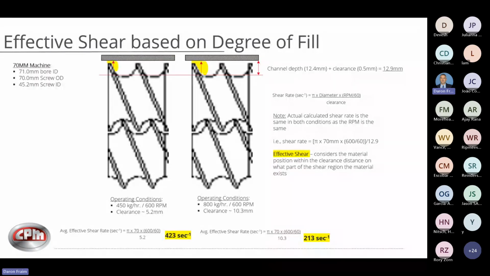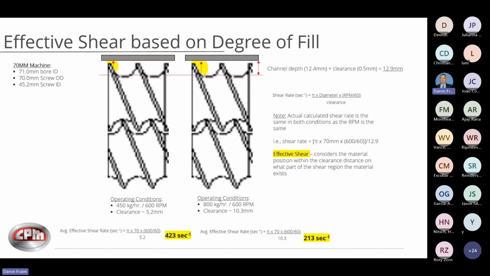But when we look at effective shear, this takes into consideration the material position within the clearance distance, on what part of the shear region the material exists. So here, if you look at the arrows, I'm trying to find what's in the middle here. What's the average effective shear rate?